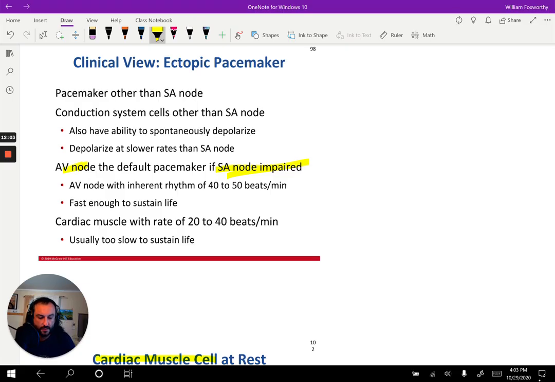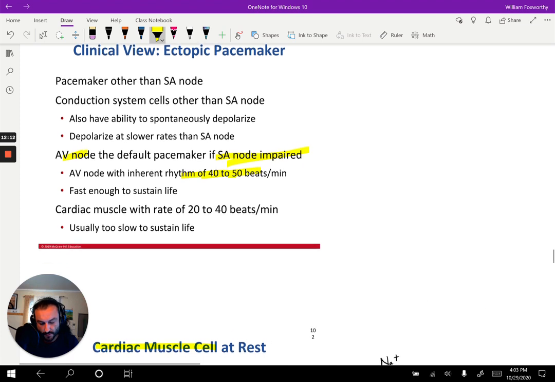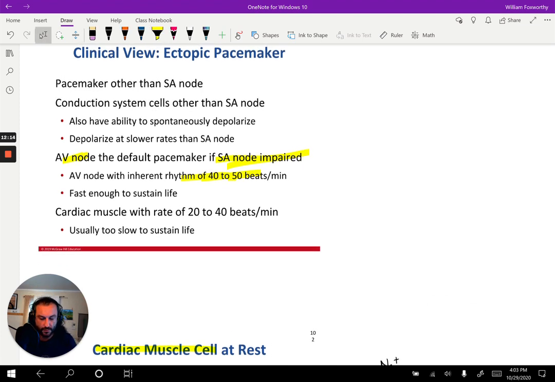The atrioventricular node has a much slower inherent rhythm of 40 to 50 beats per minute, but is fast enough to sustain life. If you damage both the SA node and the AV node, well, cardiac muscle also is autorhythmic, but it only beats by itself at 20 to 40 beats per minute, and that's too slow to keep you alive.